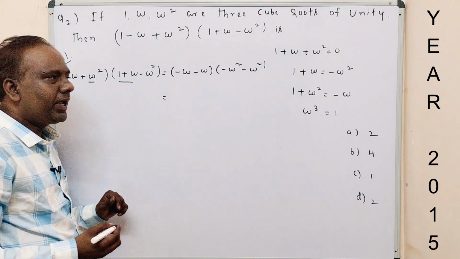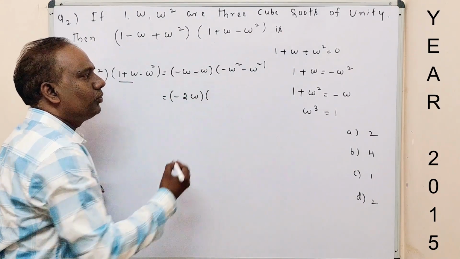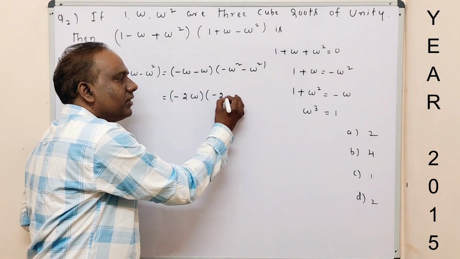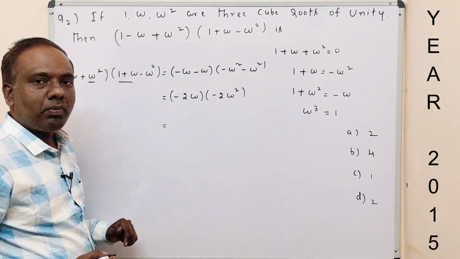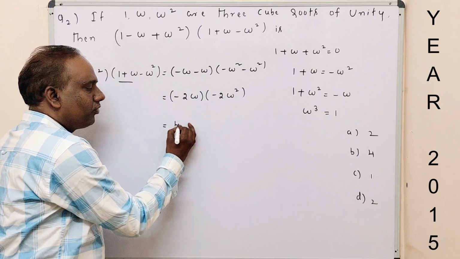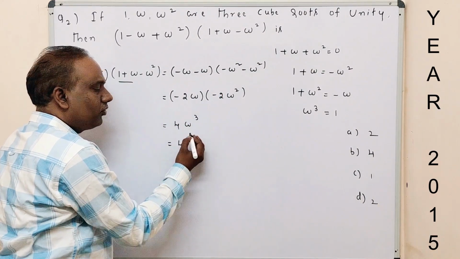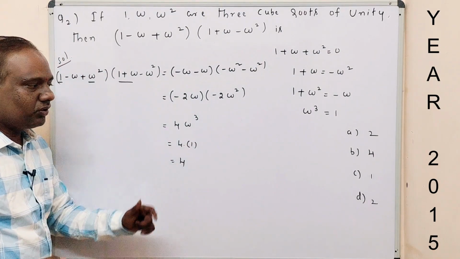Minus omega and minus omega is minus 2 omega, into minus omega square and minus omega square is minus 2 omega square. Minus into minus is plus, and 2 times 2 is 4. Omega into omega square is omega cube. 4 into omega cube, which is 1, so 4 into 1 is 4. So option B is correct.